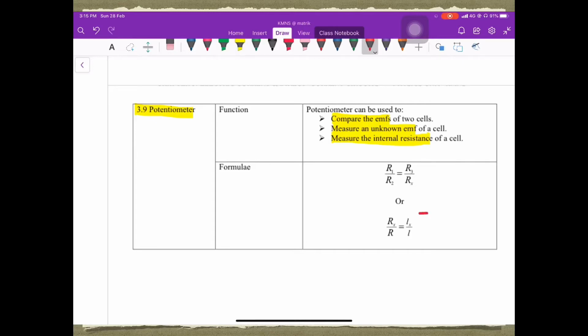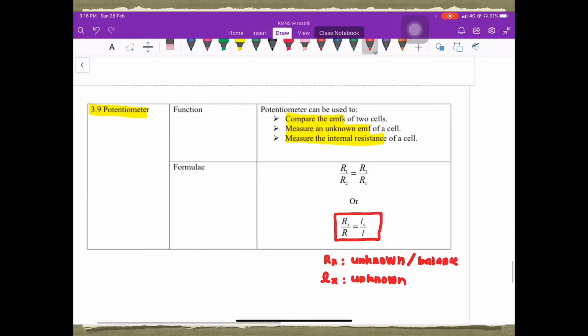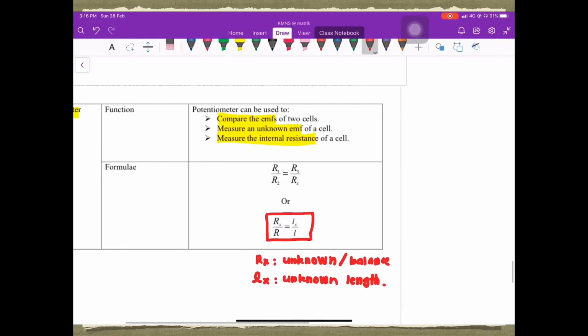We use Rx, which is the unknown resistance, or we can state it as the balance. And for Lx, we can state it as the unknown length or balance length.